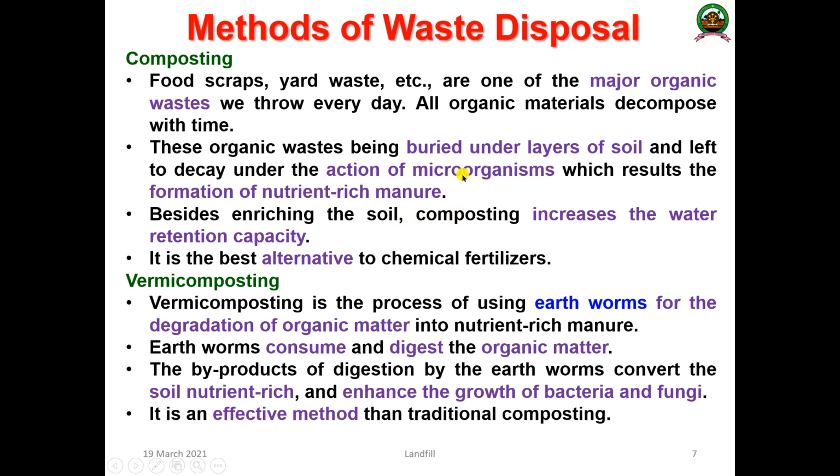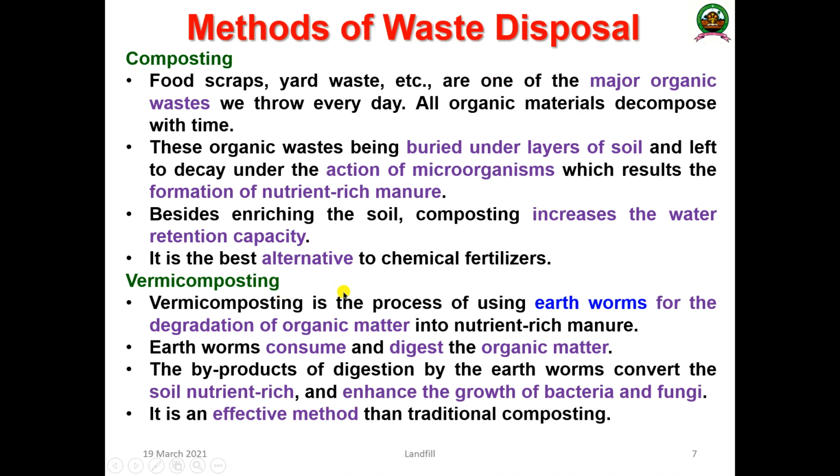This will enrich the quality of the soil and also increase the water retention or holding capacity of the soil. So that will enhance the agricultural crop, and the productivity will be increased. It is the best alternative to chemical fertilizers. So composting is an important method.